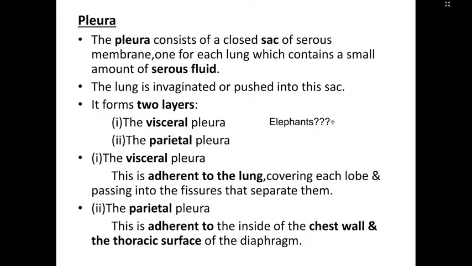Okay, so that is around the visceral pleura also. So the parietal pleura is stuck to the chest wall, the thoracic surface of the diaphragm, the chest wall. So how do I make you understand the negative pressure concept?